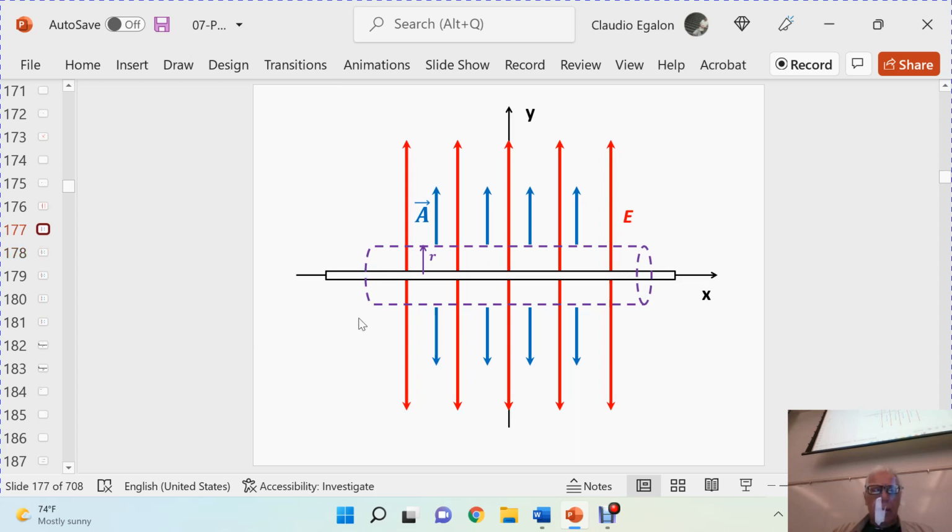The first surface is the larger cylindrical surface that surrounds the axis, and I label it 1.